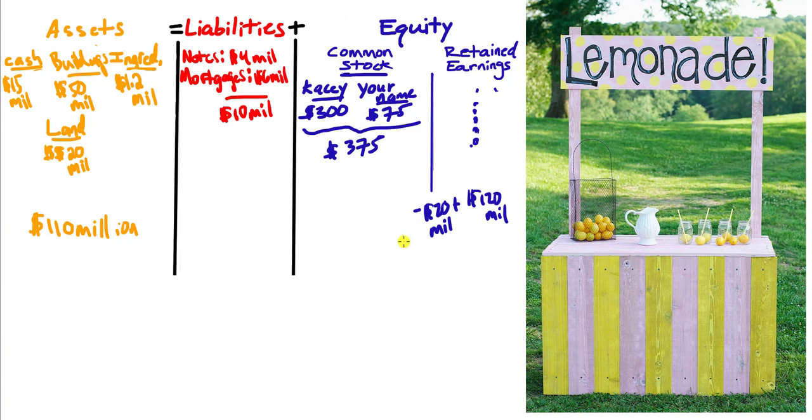We'll say that with dividends, they have taken out $20 million over the years. That would mean that the $100 million in net worth is not fully in retained earnings, because some of that $375 is still distributed amongst these assets. So technically you would subtract out 375 from 120 million, which if I took out my calculator, would be very, very close to 120 million.